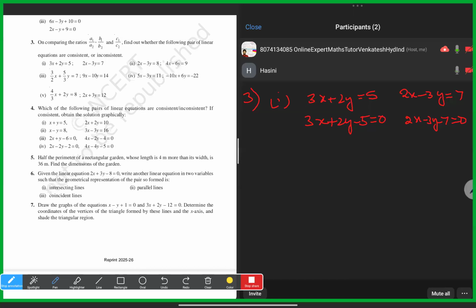Then if you observe, A1 is 3, B1 is 2, C1 is minus 5. A2 is 2, B2 is minus 3, C2 is minus 7.